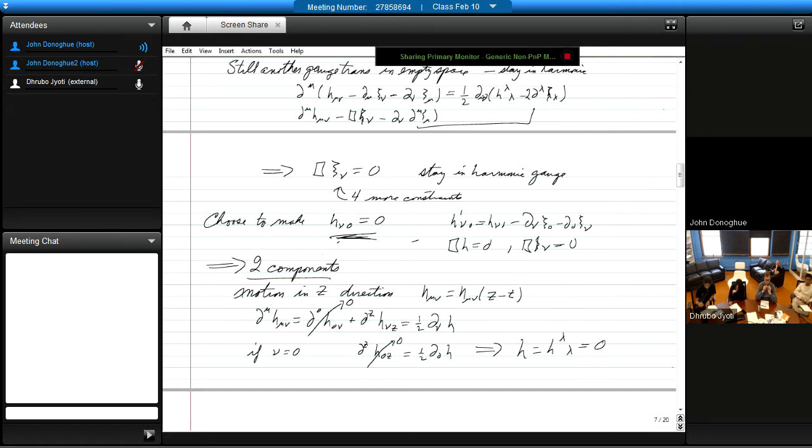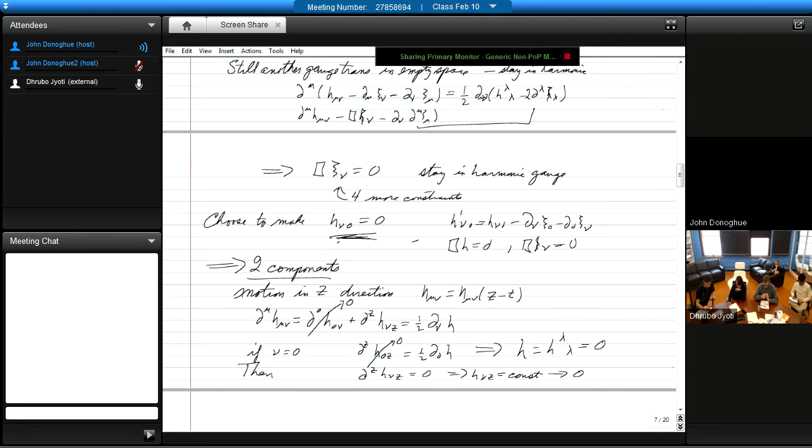Then if we go back up here, h is 0. So in fact, that whole side for any nu is equal to 0. So then we get dz h nu z equals 0. So that h nu z is at best a constant, which we can set equal to 0.